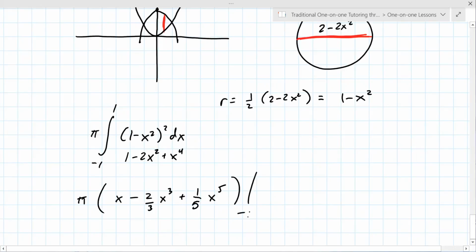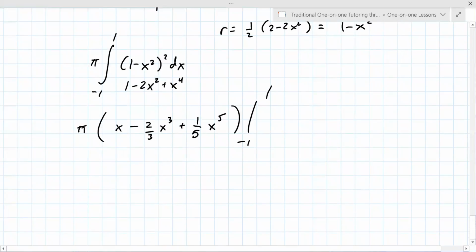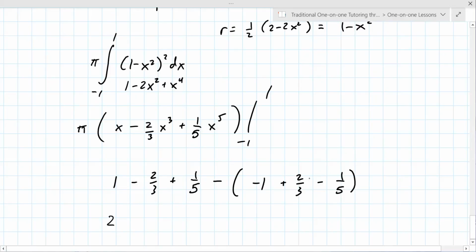Fortunately, this one does have 2 bounds to evaluate. 1 minus 2/3 plus 1/5. One of the reasons I do it this way is that you can actually combine things that go together, like the 2/3 go together, and then the 1/5, and then I would make a common denominator.